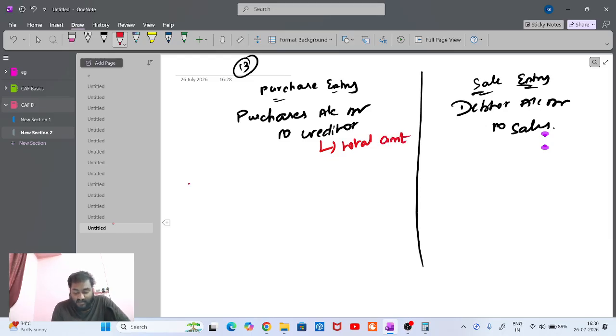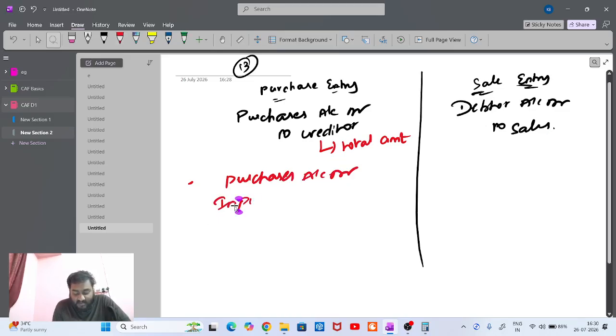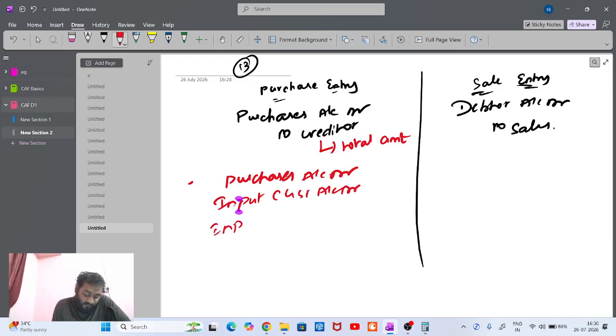Basically, in GST, the entry is purchases account debit. For purchase, the wording is input. Input CGST account debit. I will tell you another concept later. SGST account debit to creditor.